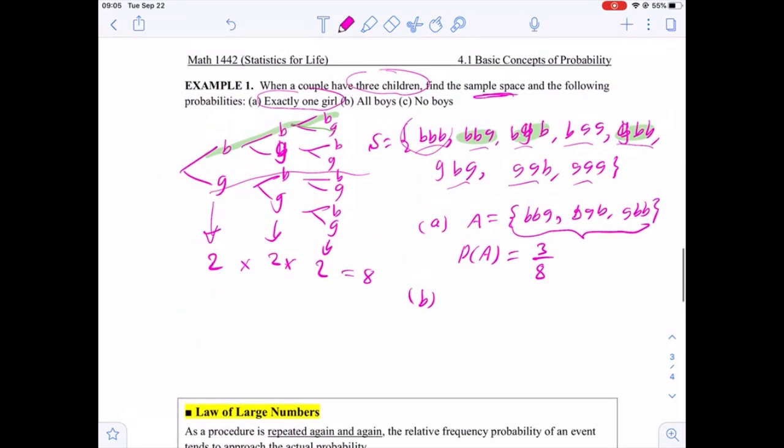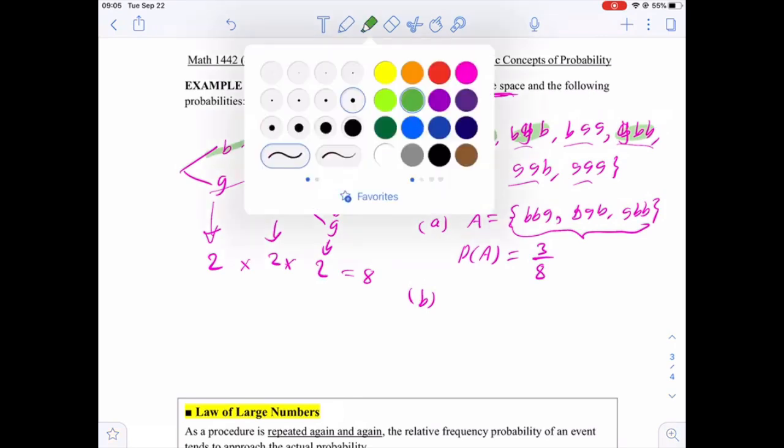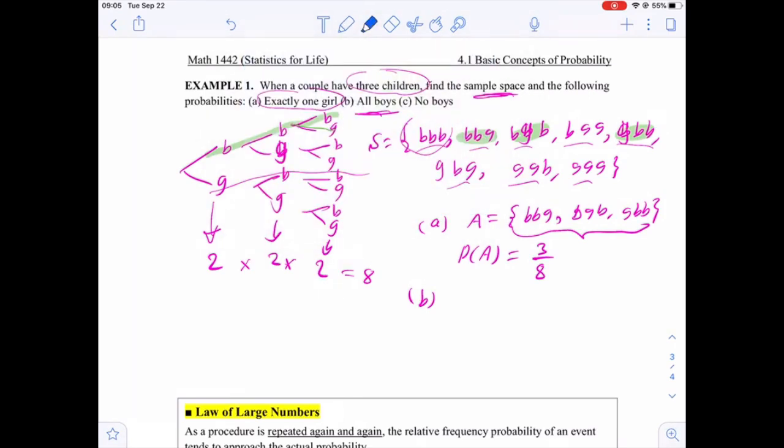Now for part B, all are boys. We only have 1 outcome. So let's call this event B. B consists of only 1 element, boy boy boy, and the probability of all the kids being boys is 1 out of 8 outcomes of the sample space. Now part C, no boys.